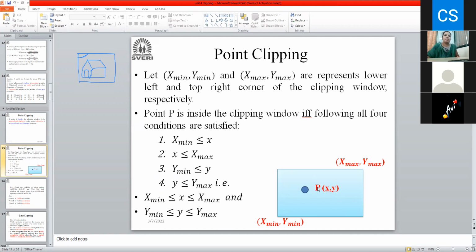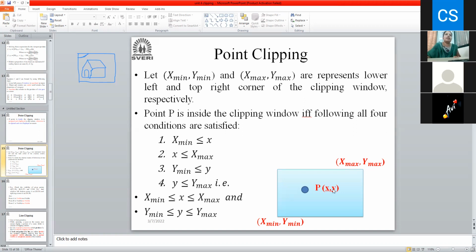So for that, P is considered having coordinates x and y. I will check the value of x, whether x is in between min and max value of window. So window is having x min and x max value. Then I will check whether x lies in between. And that is the first condition, that x should lie in between x min and x max.